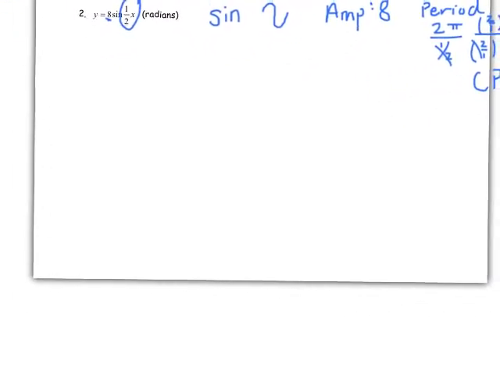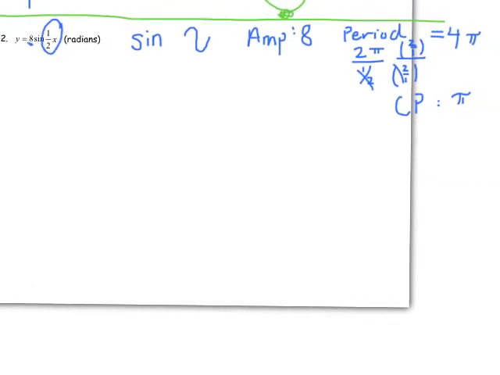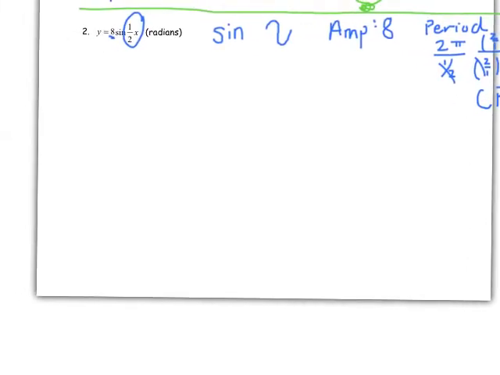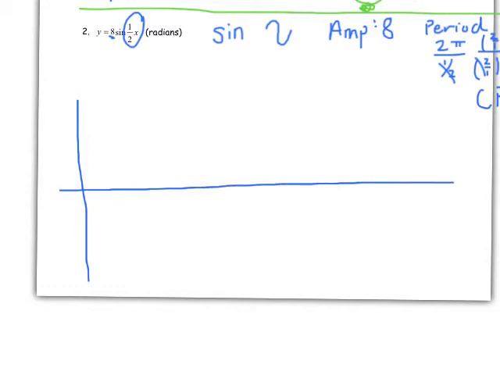Okay. So you should copy that down if you don't already have it down. I'm going to move it to the side so I can graph. Alright, so make our x and y axes. We are starting at the 0, and then we're going to have 1, 2, 3, 4 critical points.